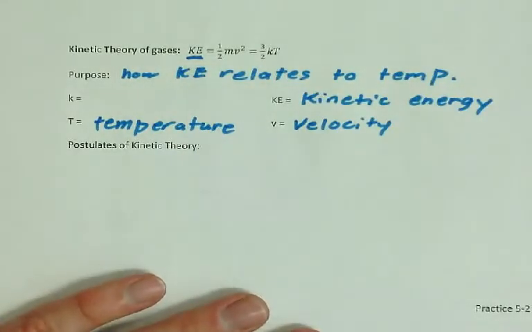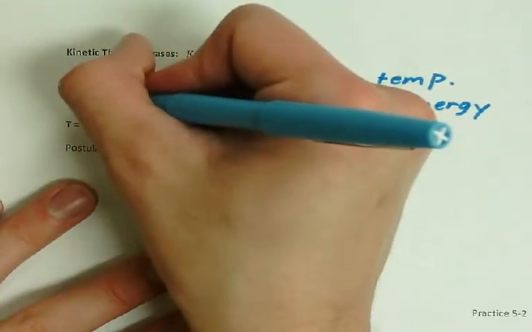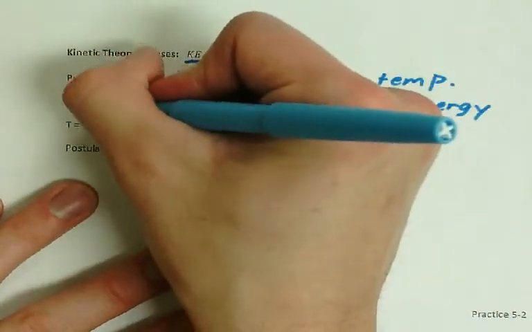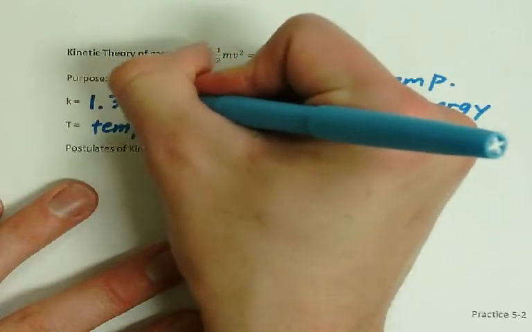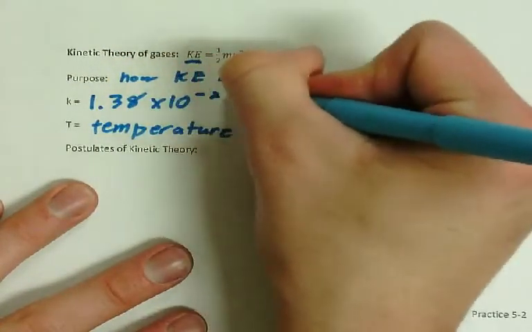And k is called Boltzmann's constant, because totally that begins with k. And the value is 1.38 times 10 to the negative 23rd.